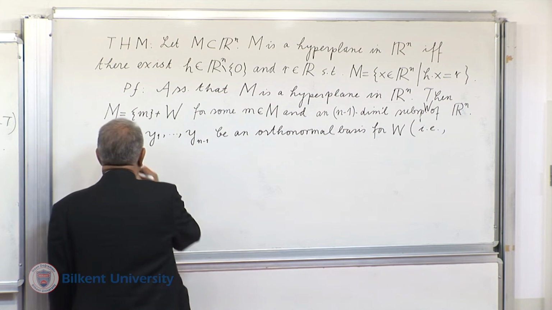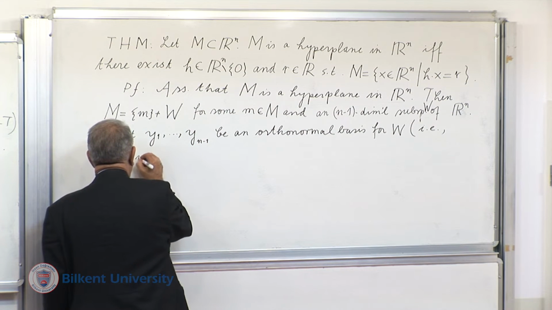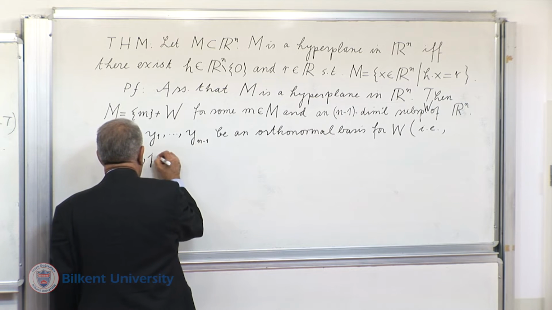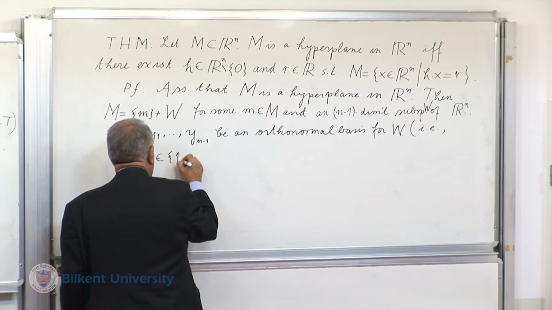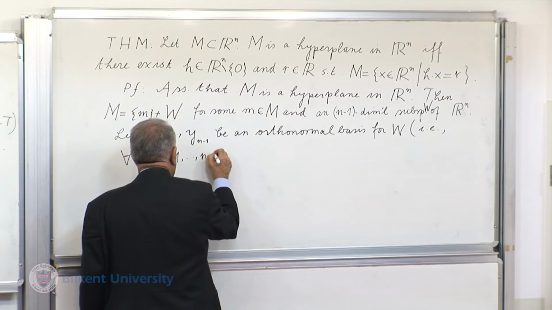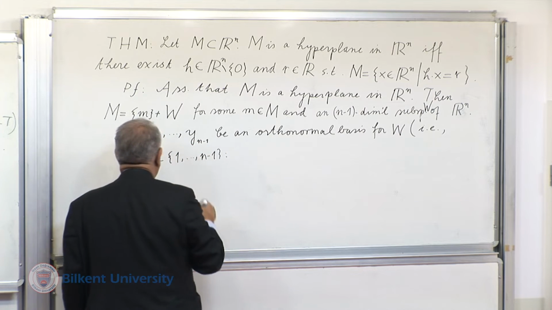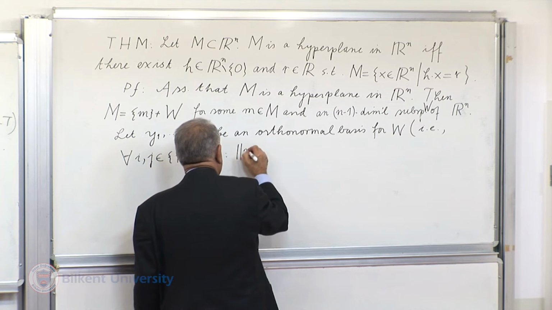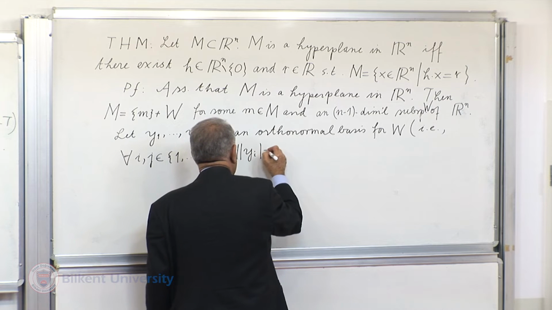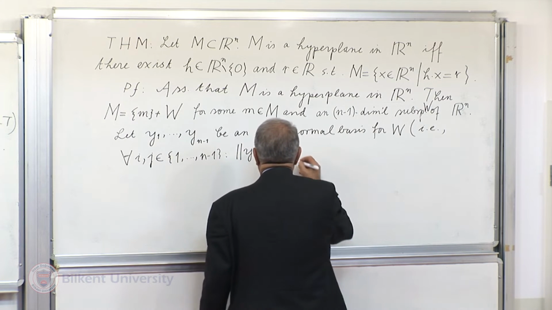That is, for all i, j in 1 to n minus 1, the norm of yi, each of them, should be 1.